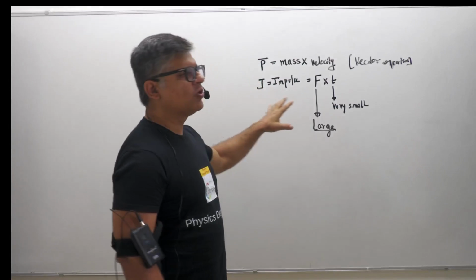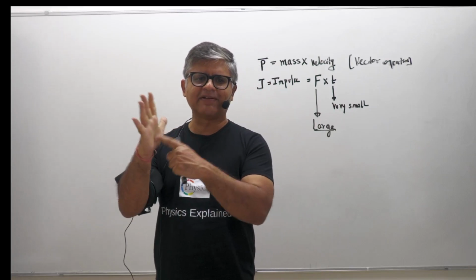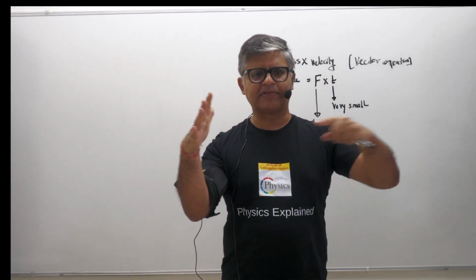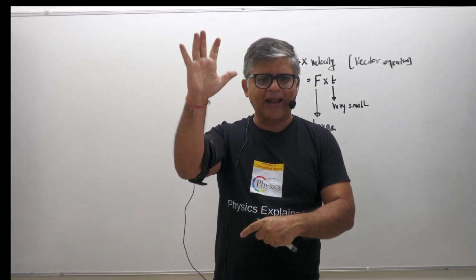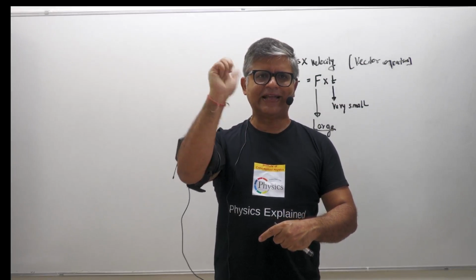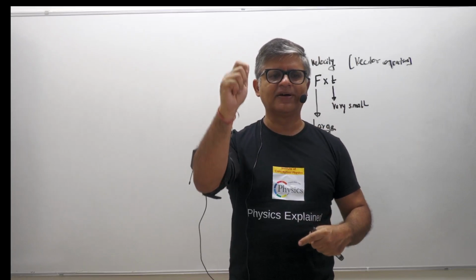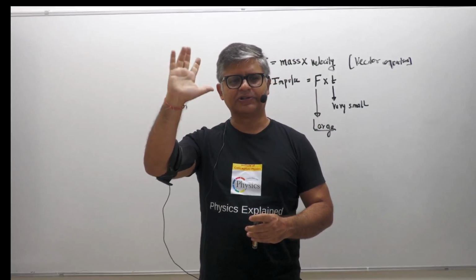Now, what could be an example? You have played tennis. The ball hits the racket for a very short duration of time and rebounds back. The force which is experienced in your hand, when the badminton shuttle or the tennis ball strikes the racket, is very large.